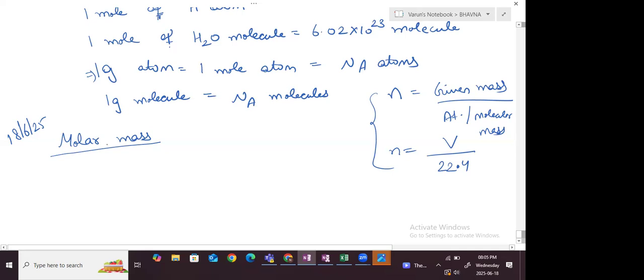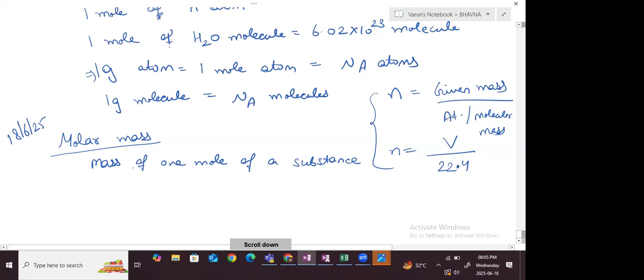Atomic mass is for 1 atom, molecular mass is for 1 molecule, but molar mass is for one mole of a particular substance. Or I can say the mass of 1 mole of a substance.